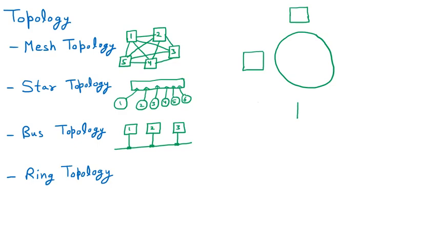Let us suppose four terminals are connected, named C1 for system 1, and 2, 3 and 4. So these are the four computers or terminals connected to a ring in such a manner. So this is the ring topology.